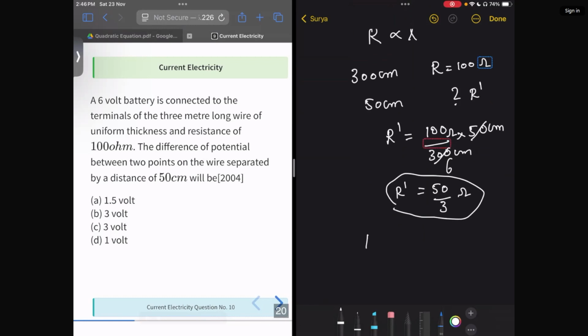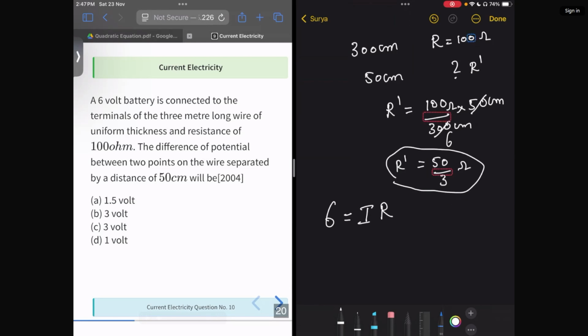So total current I into R will be how much? 6 volts, right? Now we want the potential difference across that 50 centimeters. It will be I into R dash. I is 6 by R, right?